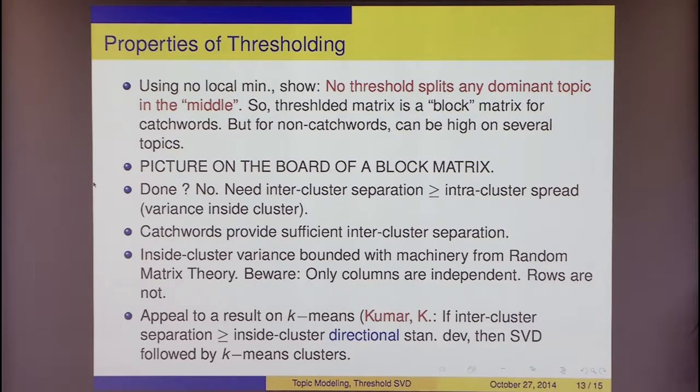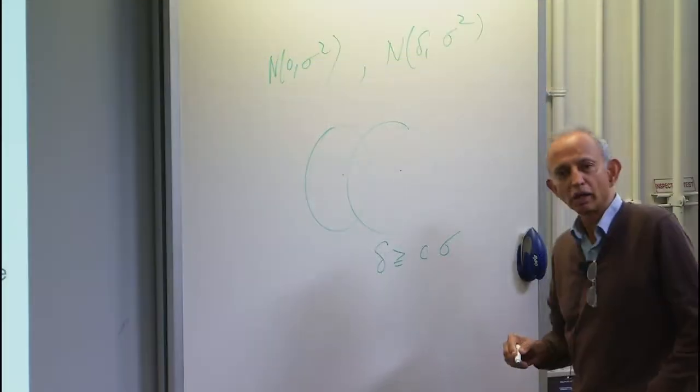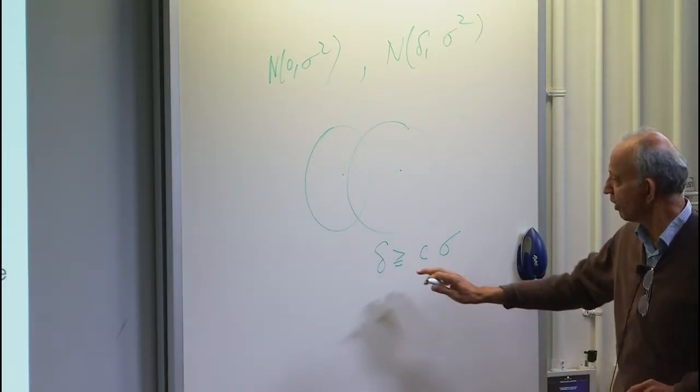If I had two Gaussians of the same variance in d dimensions, with centers separated by delta, we all know that as long as delta is a few standard deviations away, this is a result in general of Dasgupta and Wang.